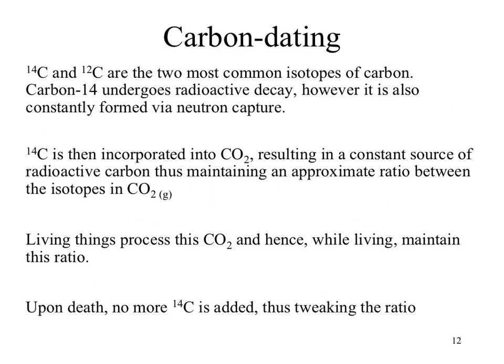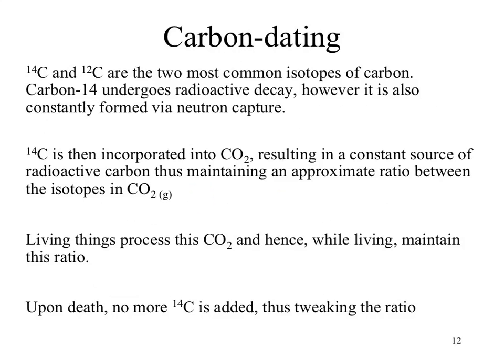So if we try and date something to being 5,000 years old, and we only have an error of 100 years, it's not the greatest, but that's a pretty good estimation, as opposed to just saying, well, it's old. So we use radiometric dating to help determine the age of individual items so that we can then say, look, I found the oldest thing on the planet. That kind of fun stuff.